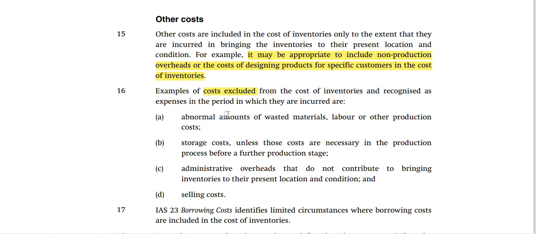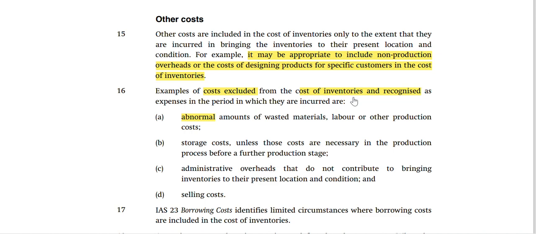The first is abnormal amounts of wasted material, labor, and other production costs. Any abnormality that happens in either the material, the production, or labor should be excluded in determining the cost of the inventory.